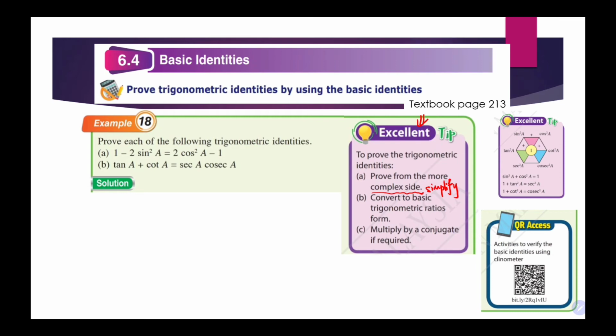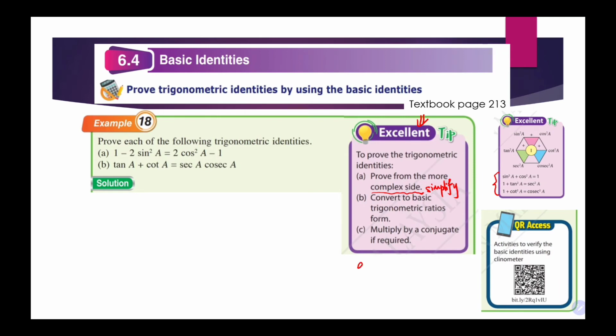Then B, convert to the basic trigonometric ratio forms. Basic forms will be tangent theta equals sine theta over cosine theta, or cotangent theta equals cosine theta over sine theta. And then choose from the identities. Then C, multiply by a conjugate if required. What do you mean by conjugate?